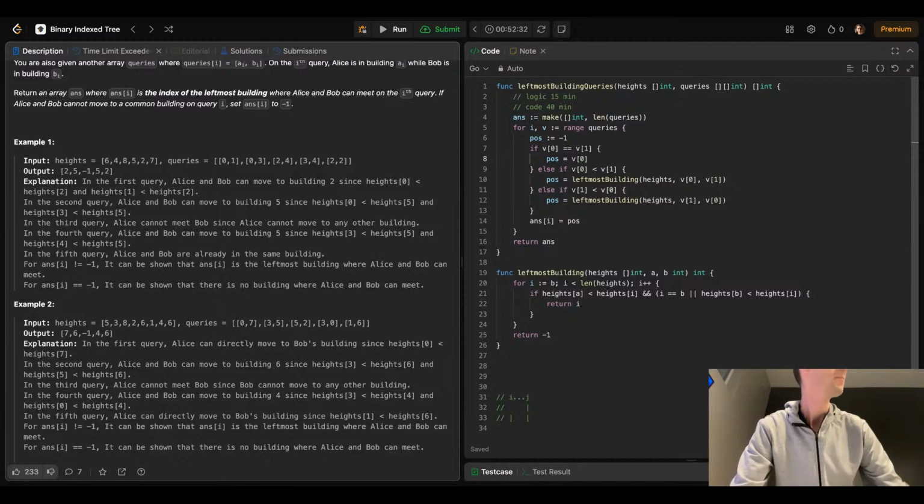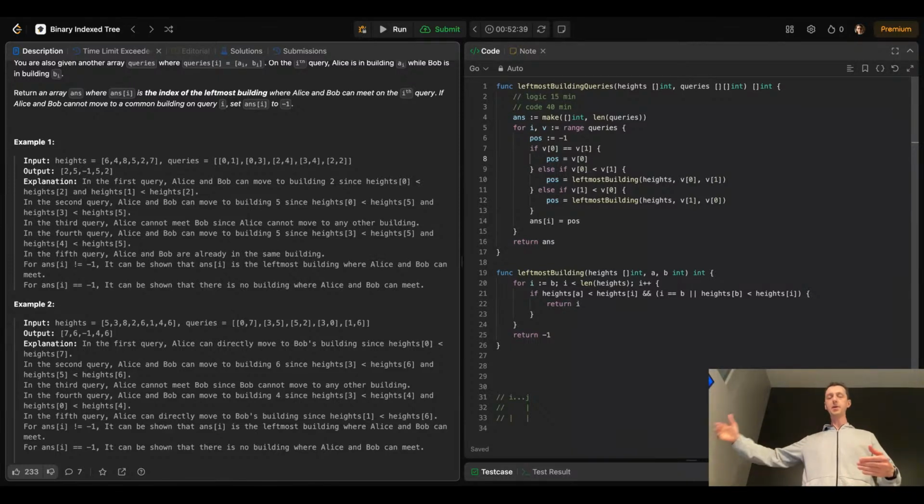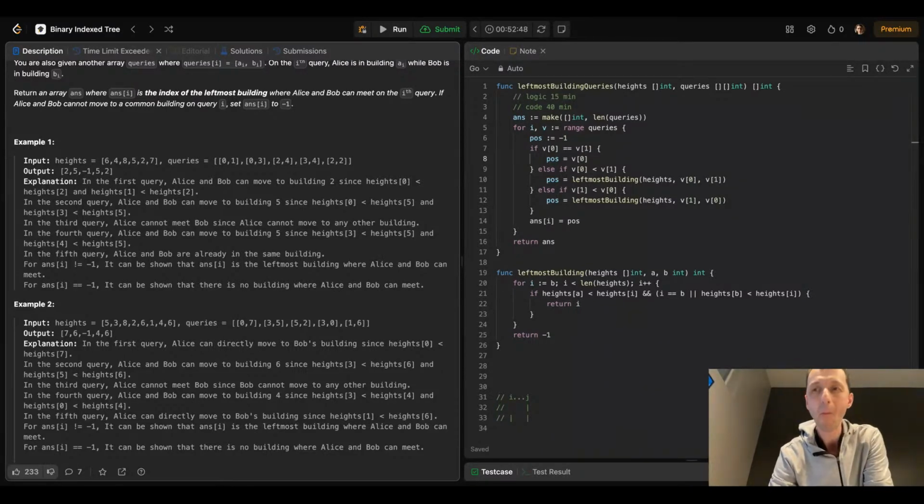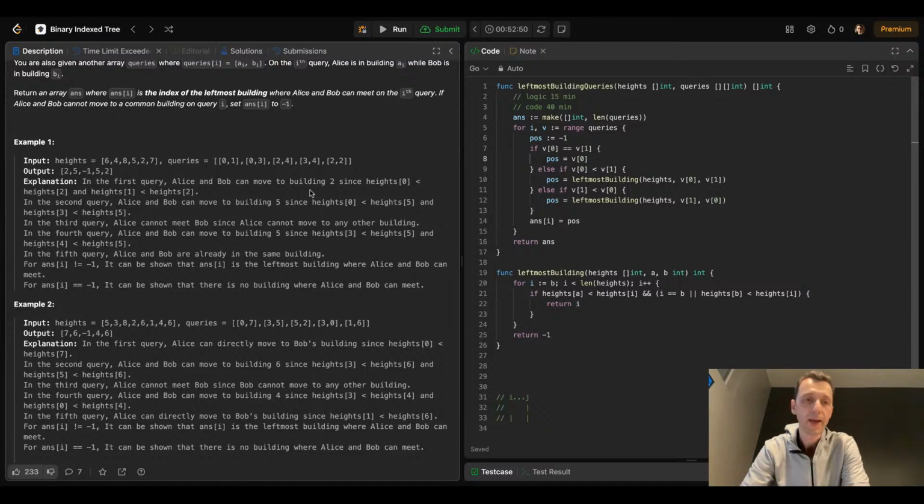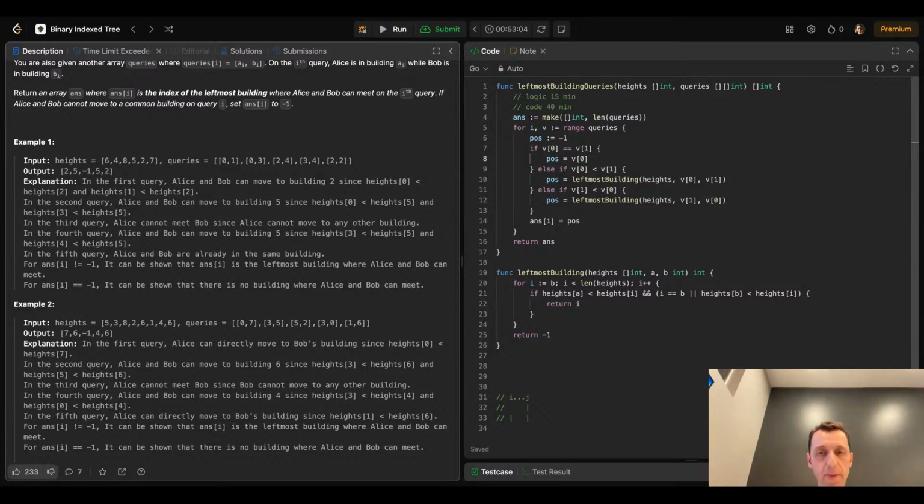So we'll need to iterate over those bigger numbers and check their indices. That's kind of the challenge. And that sounds, again, like a linear solution, which is pretty much the same thing.